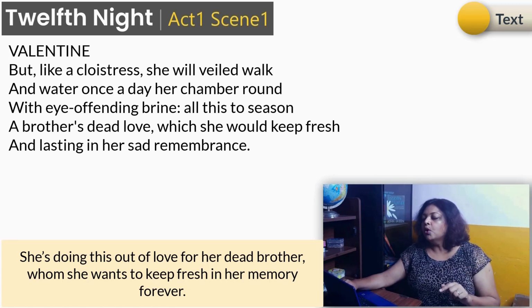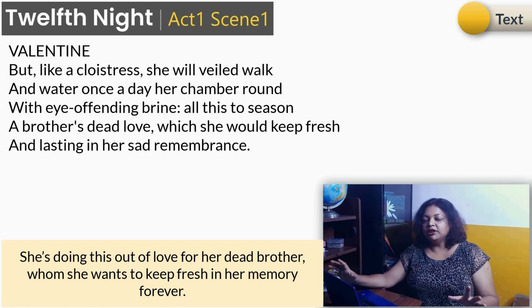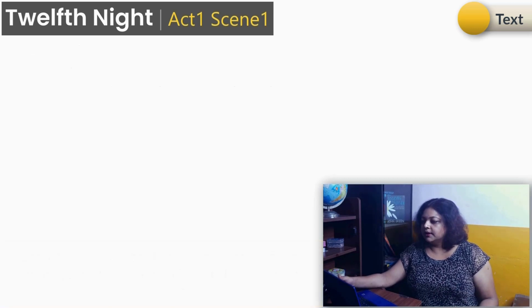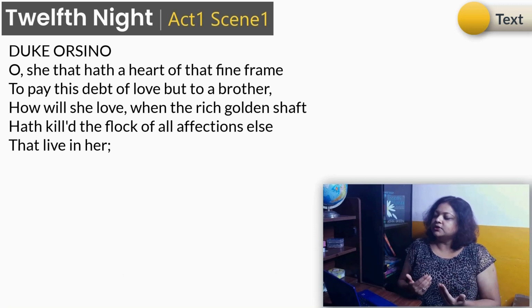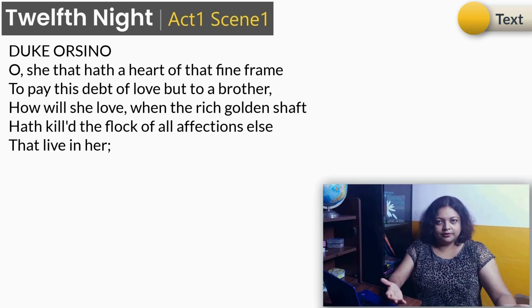And then Orsino, who should have understood the hint that Olivia is not interested, completely refuses to understand anything. He says, "Oh, she that hath a heart of that fine frame to pay the debt of love but to a brother."